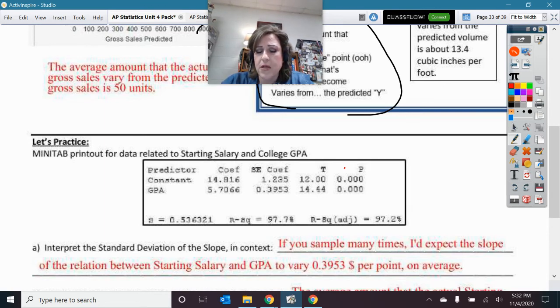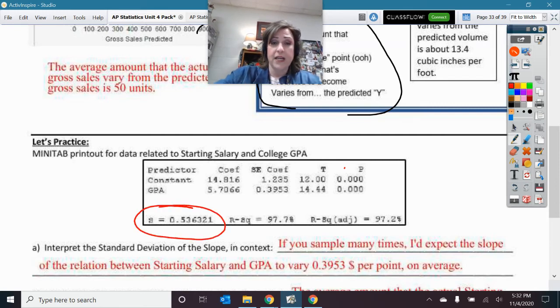Now let's do the standard deviation of the residuals right here. That's the average amount that the actual, what's the y? GPA is the x, so we're going to say the average amount that the actual starting salary point varies from the predicted starting salary.